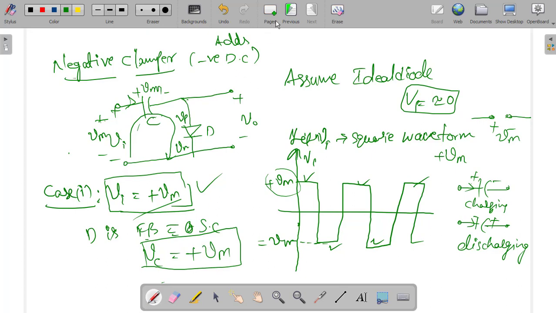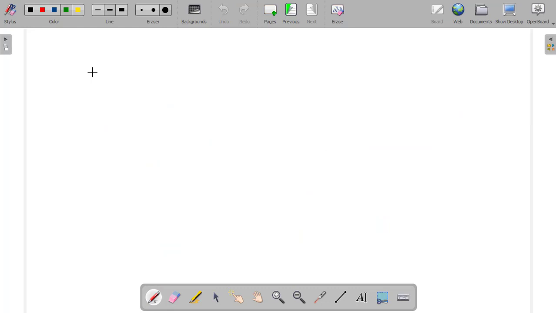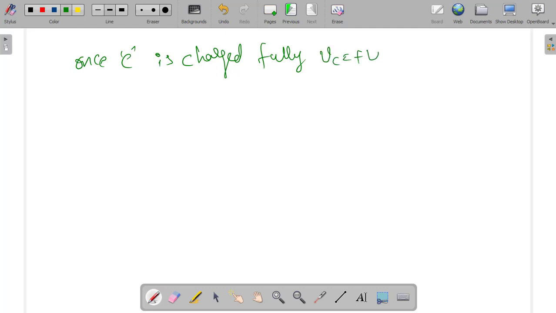Once the capacitor is charged fully, the current flow through it will become 0, because when fully charged it acts like an open circuit, with the maximum voltage appearing across the capacitor.